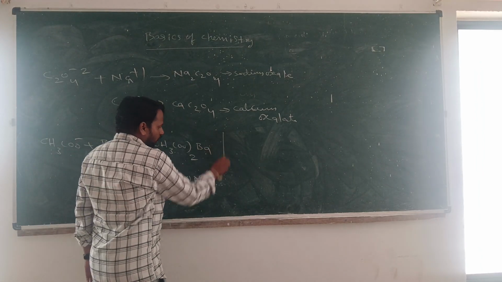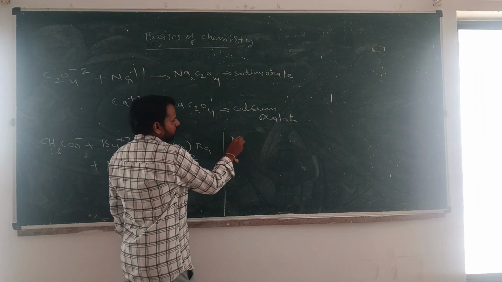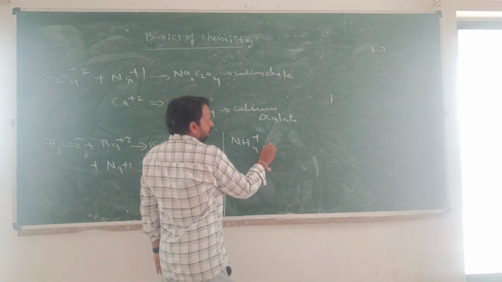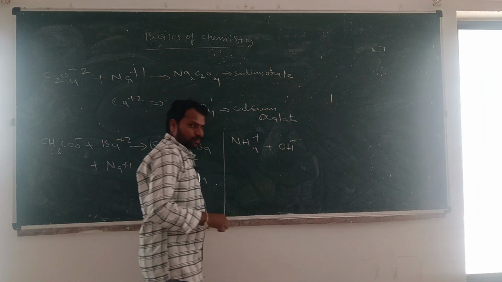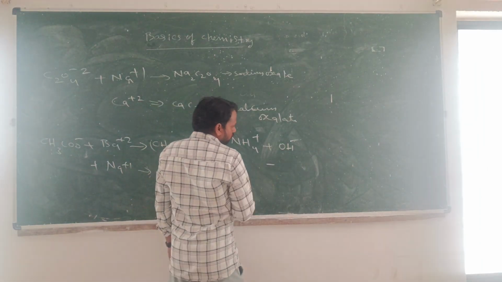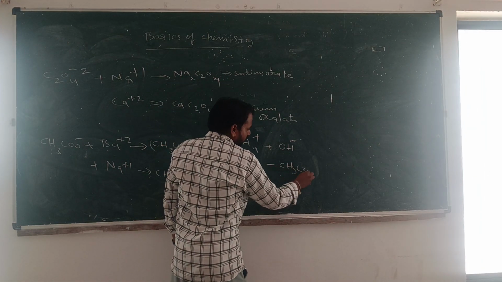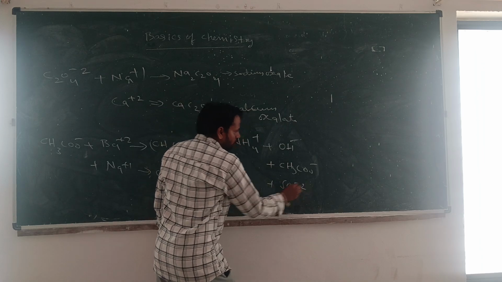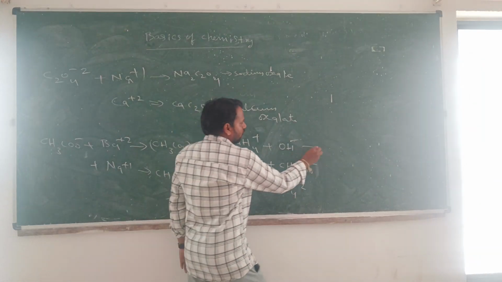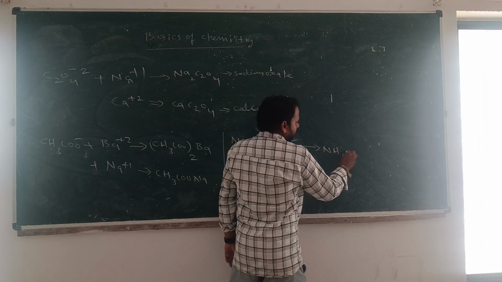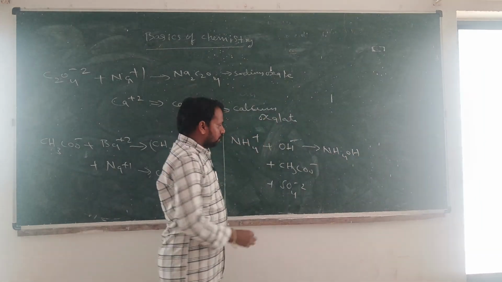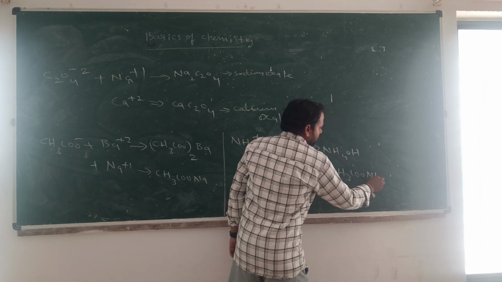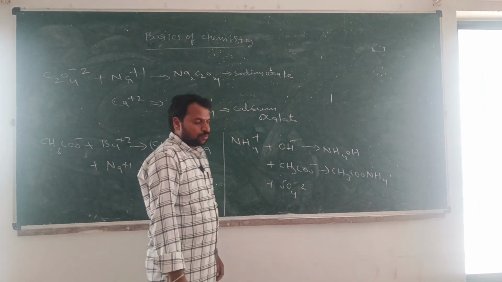Next, NH4+, the ammonium cation, with OH minus, with CH3COO minus, and with SO4 minus 2. NH4+ with OH minus forms NH4OH, ammonium hydroxide. With CH3COO minus we get CH3COONH4, ammonium acetate.